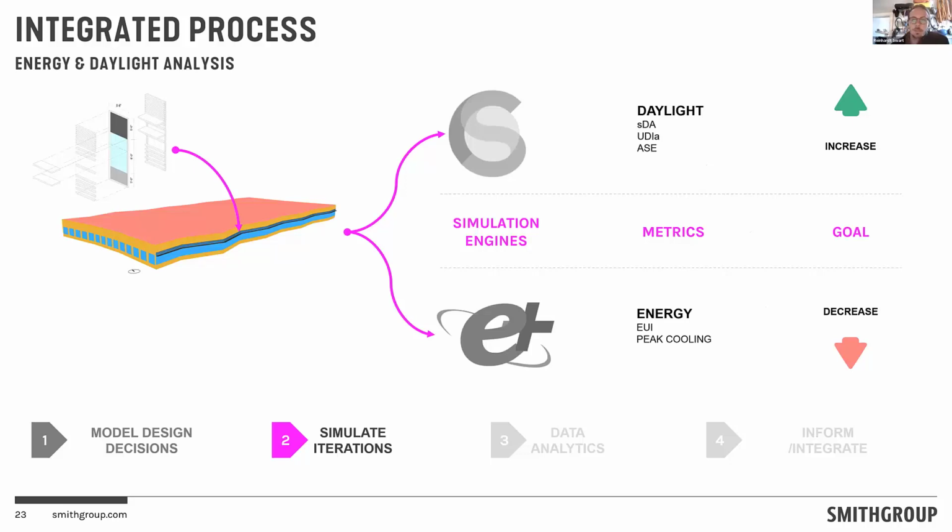For daylighting, we wanted to maximize spatial daylight autonomy, while for energy, we wanted to reduce the peak cooling load. As you can surmise, these criteria oftentimes are competing, and there's not often one optimal solution. It's a compromise between the metrics with other metrics as well, right? Aesthetics, cost, those are design decisions that are real and need to be accounted for. And so this is generally how we simulated the analysis.